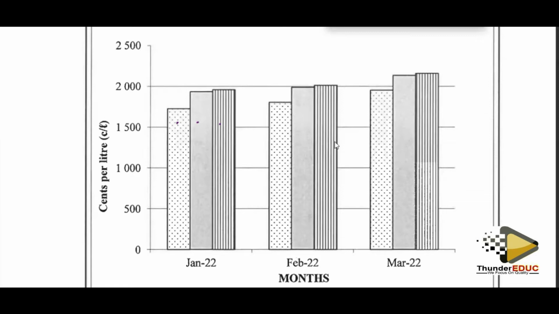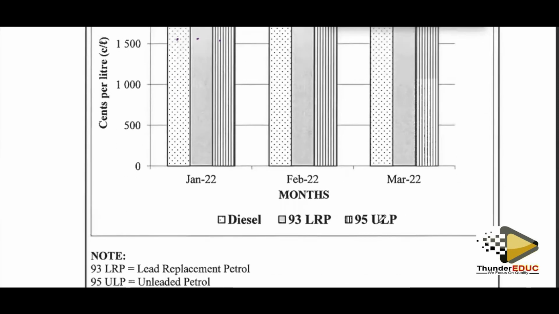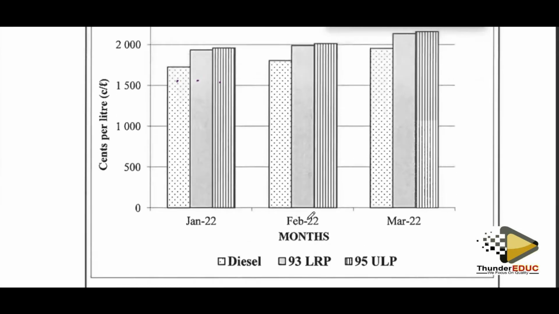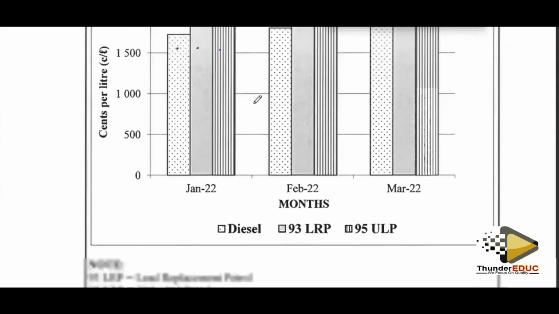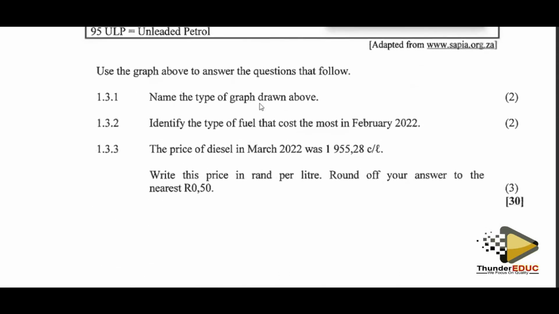Each bar represents a given kind of fuel. Since they are combined like this, we can't call this a double bar graph. If it had 2 bars, then it would be a double bar graph. But these are more than 2. You can call it triple because there are 3. Those who don't want to use triple might use compound. Just say compound bar graph.